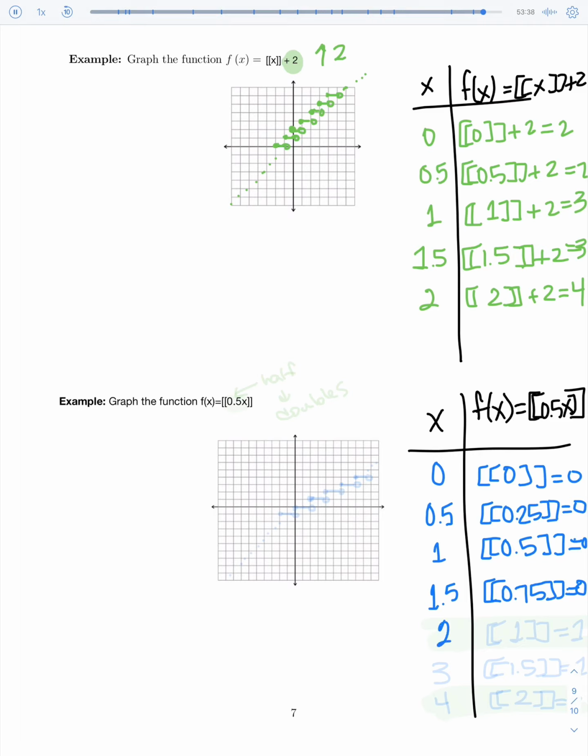Plugging in 2. 2 times a half will finally get us 1. Greatest integer function of 1 is 1. So that's where we would start our new step. So that means at 0, we have 0. Zooming in, let's say when we have 0, we'd be at 0 on that first step. We'd still be on that first step at 0 at 1, which is not how it's been so far.